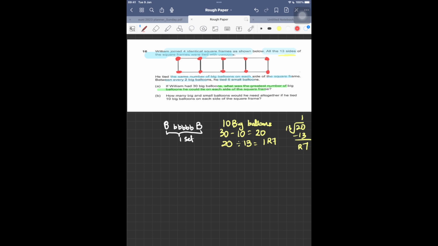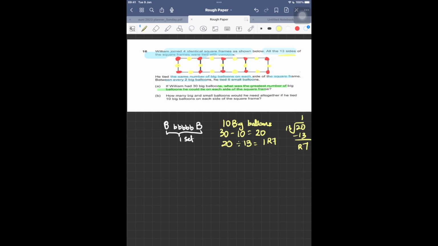So if I have 30, I have to tie 1 more big balloon at each side. Then here is 11, 12, 13, 14, 15, 16, 17, 18, 19, 20, 21. That means in total I used 21, right? Oh, 22, 23.